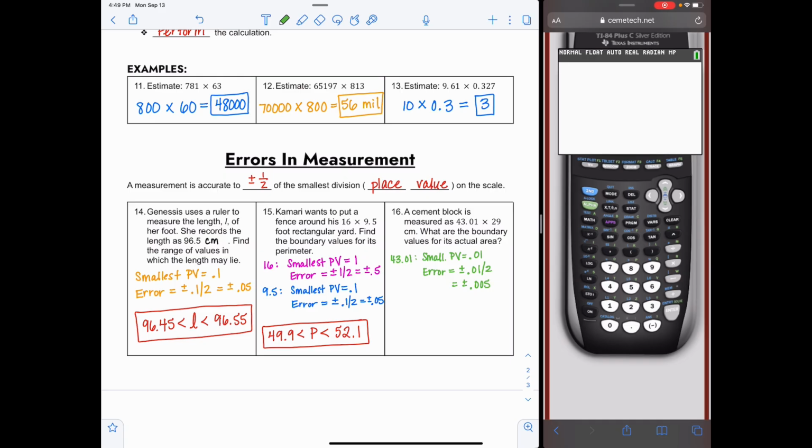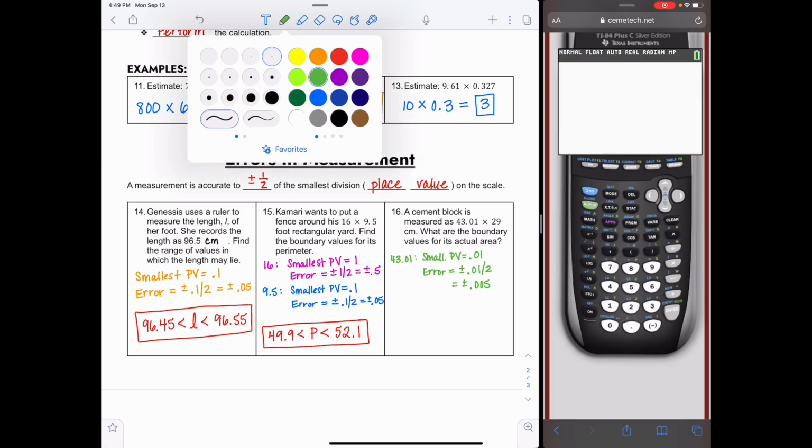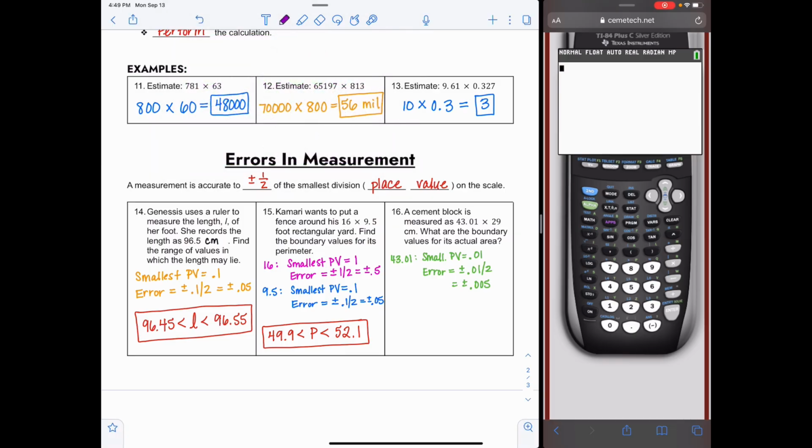All right. So now we need to look at the 29. If I look at 29 here, the smallest place value is going to be the ones position, which means that my error will be equal to plus or minus 1 divided by 2, which is equal to plus or minus 0.5.